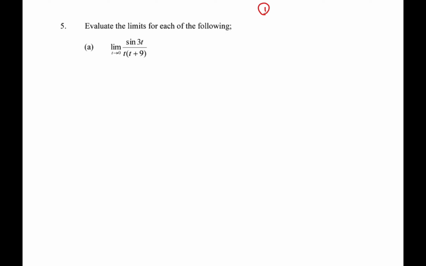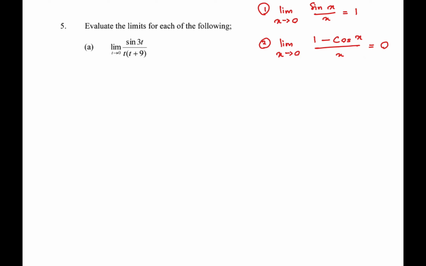The first one: limit as x approaches 0 of sine x over x equals 1. The second one: limit as x approaches 0 of (1 minus cos x) over x equals 0.